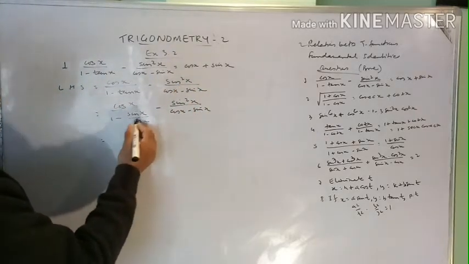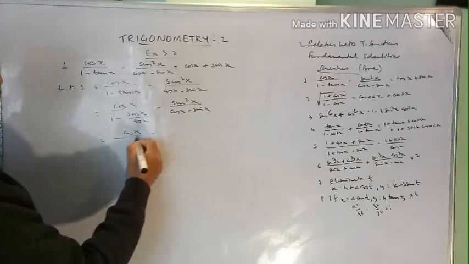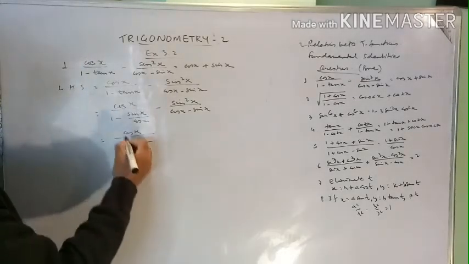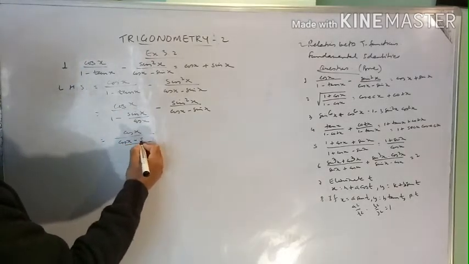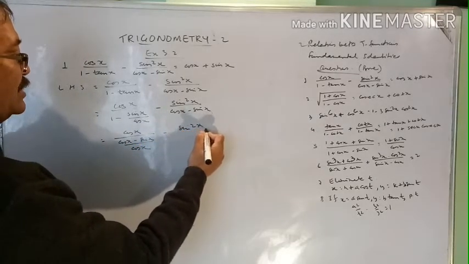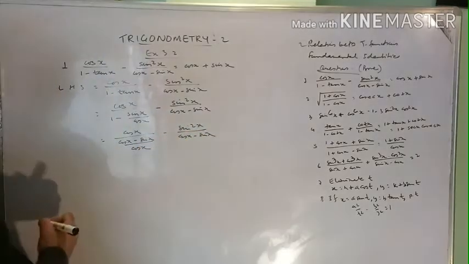Now here if you take LCM, you get cos x upon, LCM is cos x, so if you multiply you get cos x minus sin x, minus sin square x by cos x minus sin x.